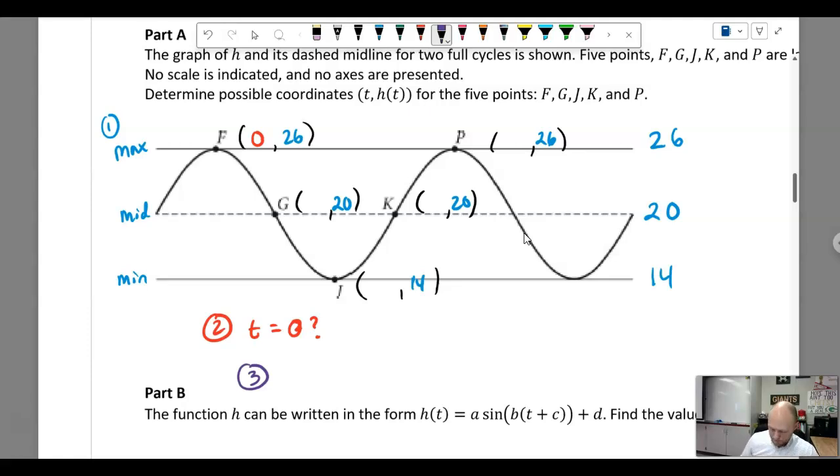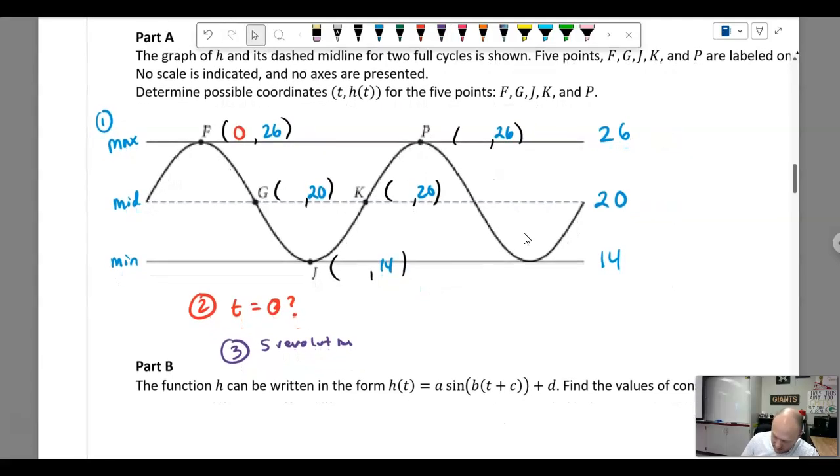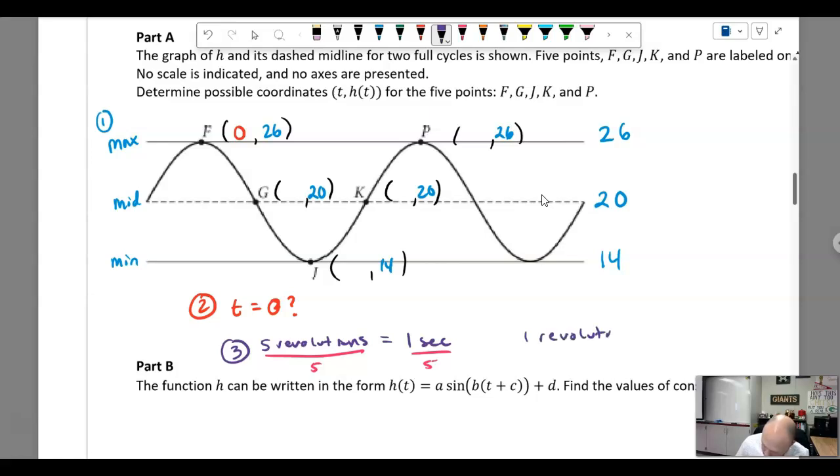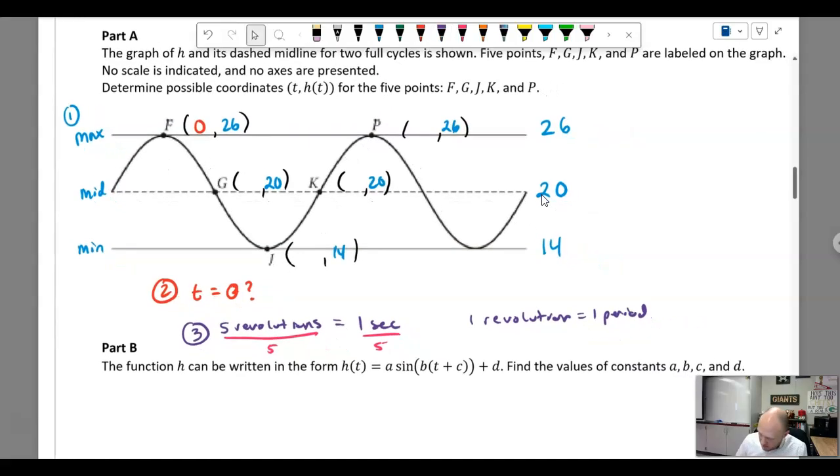This is where your period is going to come into play. They told us that we get 5 revolutions per 1 second. I don't want 5 revolutions, I want 1 revolution, so I'm going to divide by 5, and here's our period. 1 revolution, or 1 period, is 1/5 of a second.